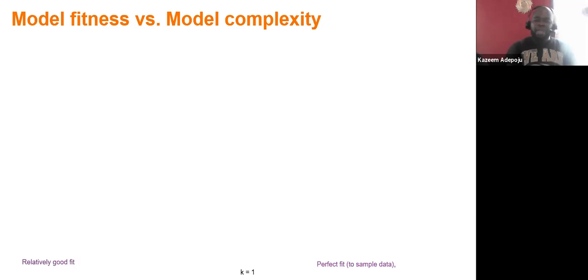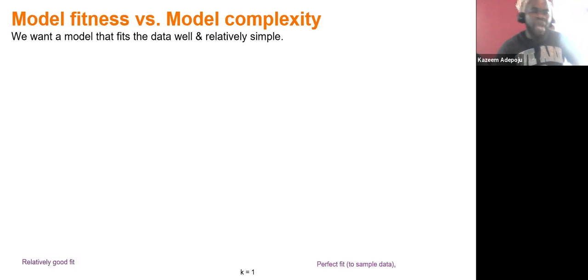Now the question remains: does model complexity imply model fitness? At times the answer could be yes, and at times it could be no. It depends on the result we have in the comparison of the simple and the complicated models.